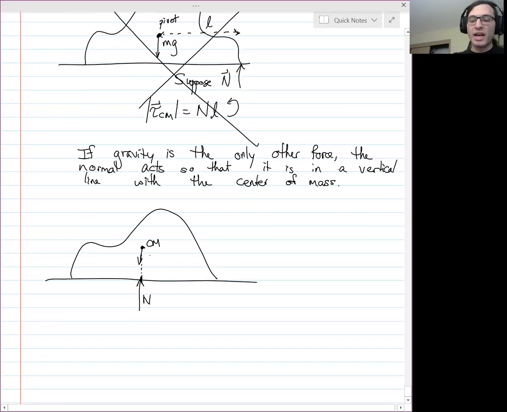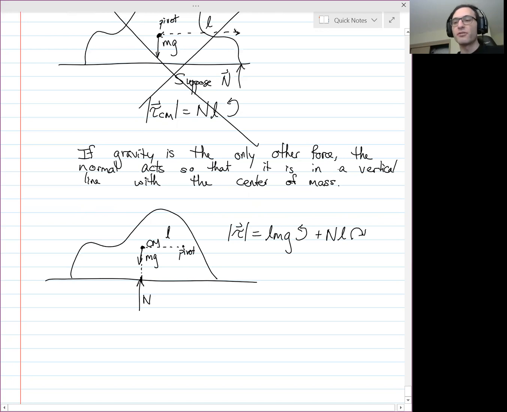And this way, regardless of where you choose your pivot point to be, say this is the pivot, the magnitude of the torque from gravity would be, with that distance being L again, L times mg counterclockwise, plus N times L clockwise.